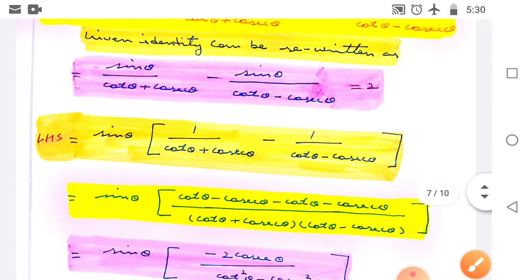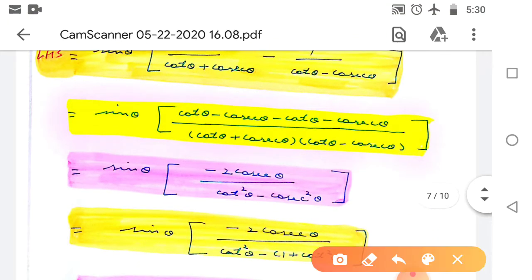Now take the LCM. The LCM is (cot theta plus cosec theta) into (cot theta minus cosec theta), and the numerator becomes, when you take this, this is gone, minus cosec theta and minus cosec theta becomes minus 2 cosec theta, and in the denominator we have cot square theta minus cosec square theta.